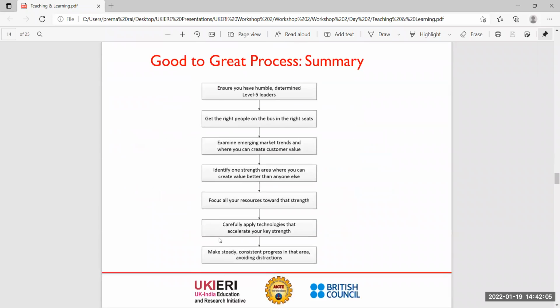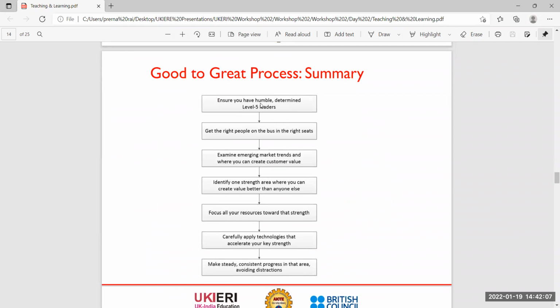Okay, so this is the summary. You can just see here. Ensure you have humble, determined level 5 leaders. Don't start with a single, simple leadership style. You need to get the right people in the right seats on the bus. You need to find out about managing market trends and where you can create customer value, identify strengths, focus carefully, all this.